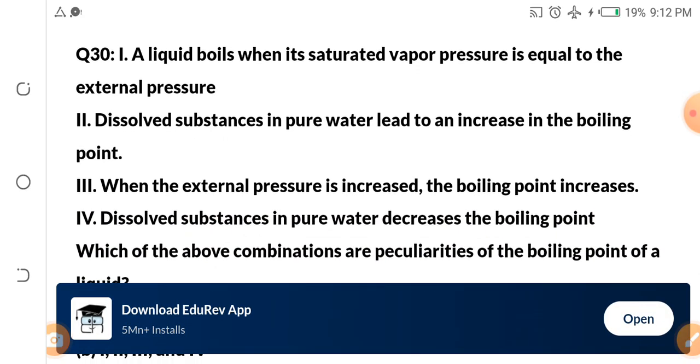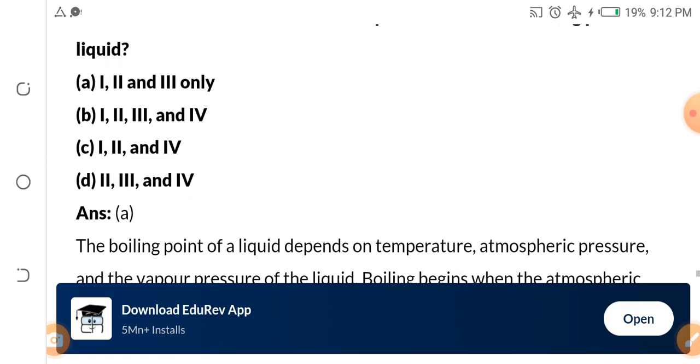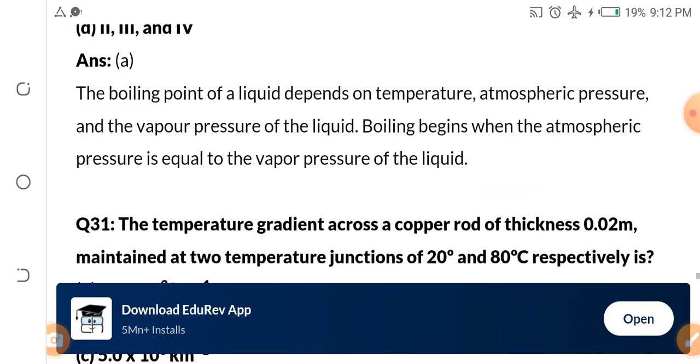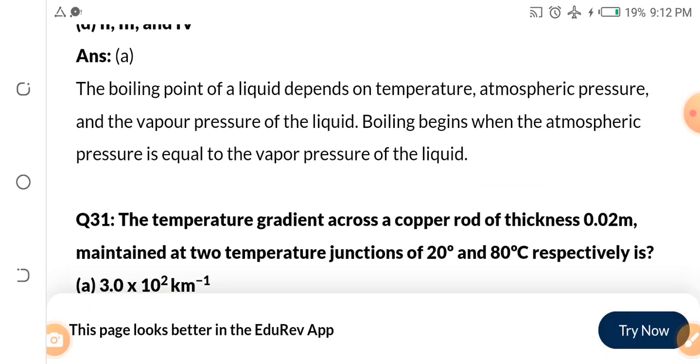III. When the external pressure is increased, the boiling point increases. All of them are correct. The boiling point of a liquid depends on temperature, atmospheric pressure, and the vapor pressure of the liquid. Boiling begins when the atmospheric pressure is equal to the vapor pressure of the liquid.